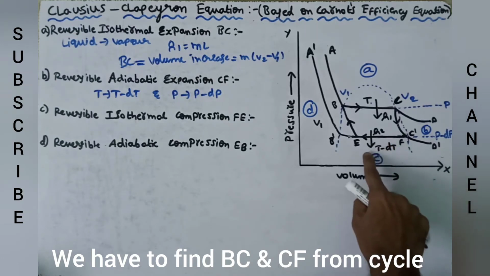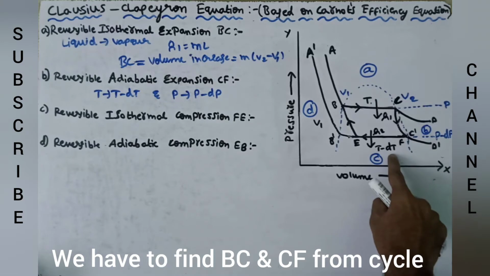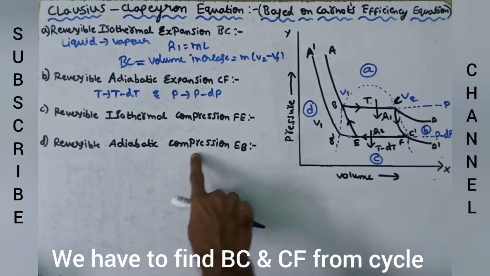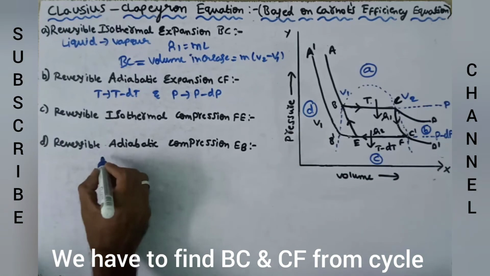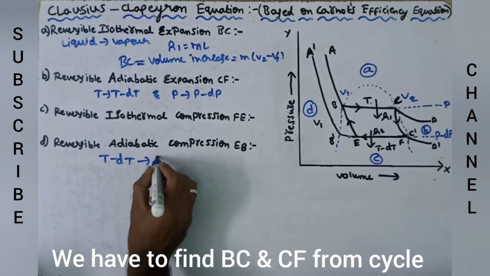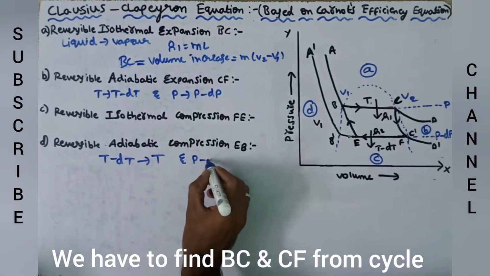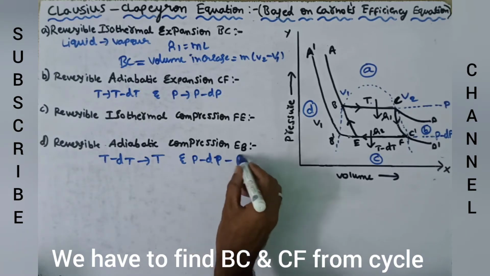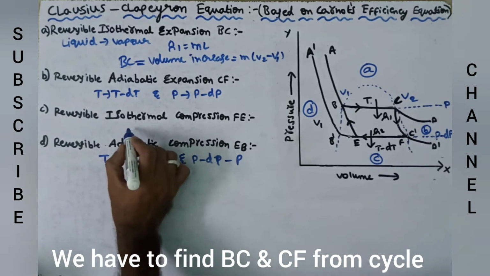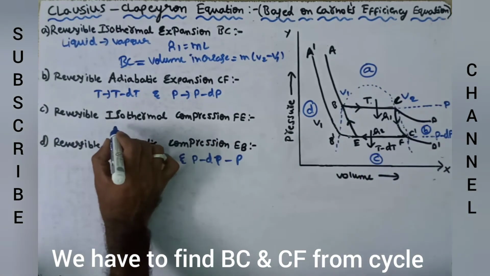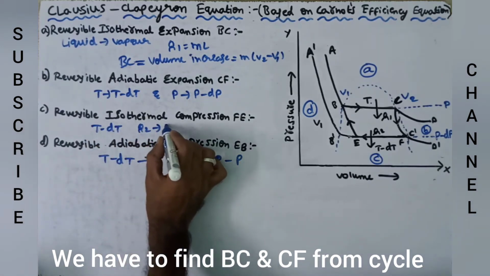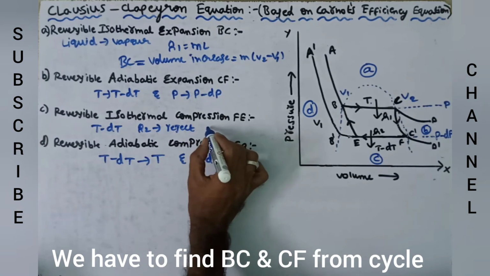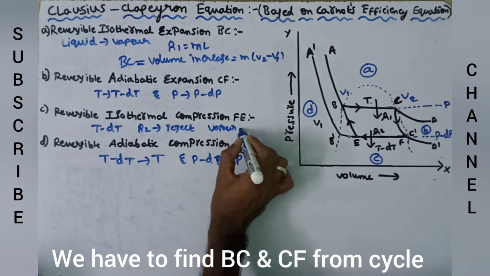And in the reversible adiabatic compression process EB, there is no exchange of heat energy with the surroundings, but temperature changes from T minus dT to T, temperature is increasing, and pressure also changes from P minus dP to P, pressure also increasing.